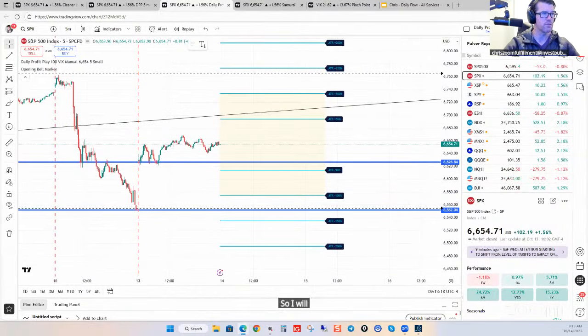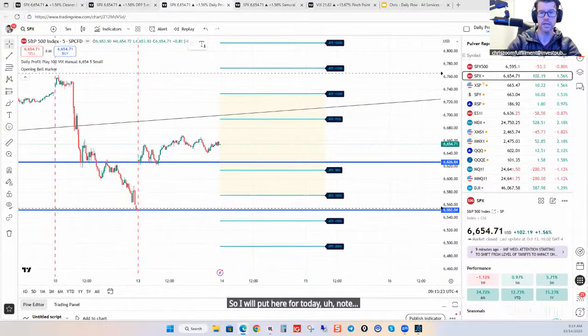So I will put here for today, note: 10/13, 1.2% gap higher on the open, very minimum, likely allowing market makers to catch up from Friday's aggressive slide.